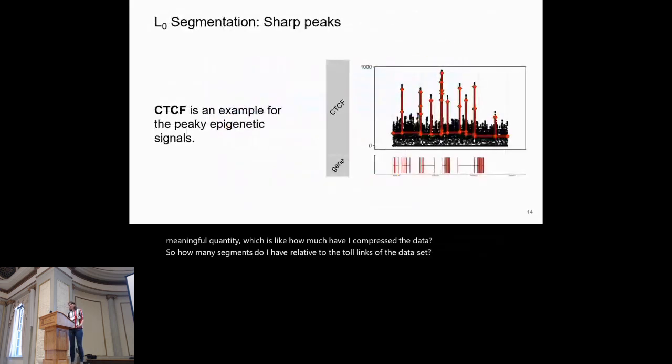Just to illustrate how this algorithm performs on some real data, here lambda is selected with cross-validation. Here's CTCF. We have some genes at the bottom, which gives you a sense of scale. The data is actually counts, but it's plotted on a log scale, which is why it looks a little funny. It finds CTCF peaks. Maybe it doesn't find all of them, or maybe it finds too many, but I feel like it's approximately correct.